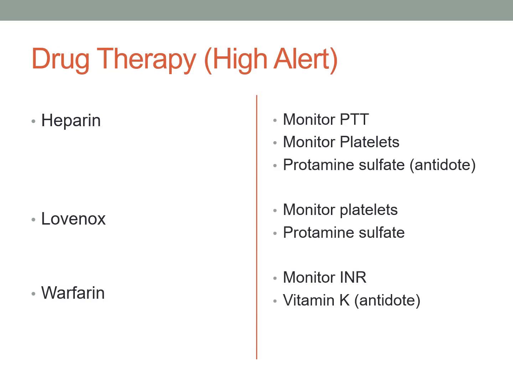These are your labs. You have to know your labs that you have to monitor with your anticoagulant therapy. Heparin, you're going to monitor the PTT or the APTT. So you will monitor the partial thromboplastin time or the APTT, the activated partial thromboplastin time. You're going to monitor your platelets, and then you need to know the antidote for heparin.